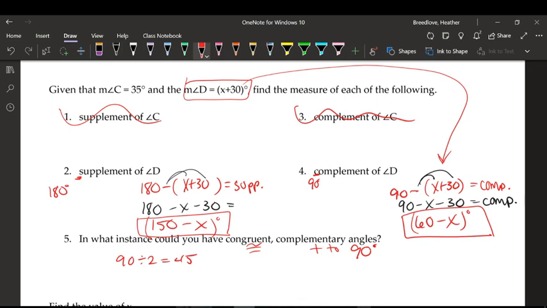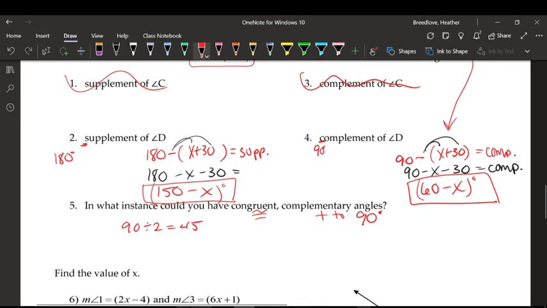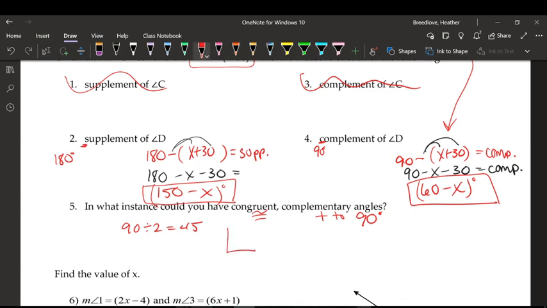It's 45. So if I have two angles that are 45 degrees, I could have a right angle and then bisect it. If I bisect a right angle and make it 45 and 45, that situation is two congruent angles that are complementary.